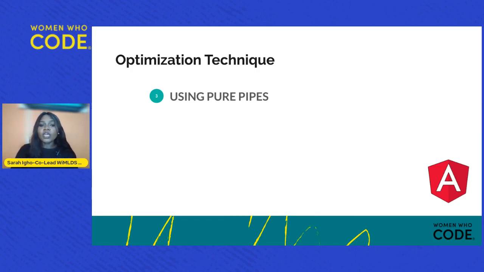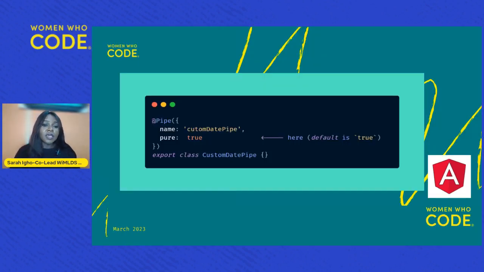So considering performance, it's better to use pure pipes. And this is how you can specify pure pipes in your custom pipes.